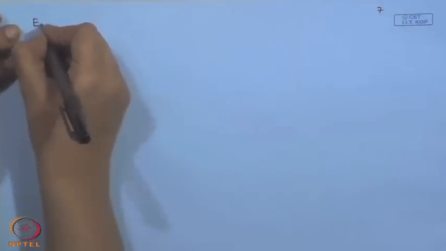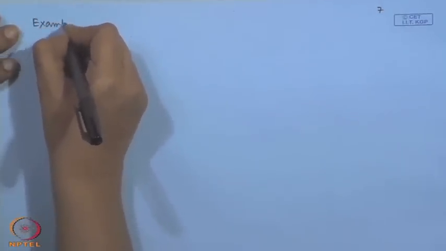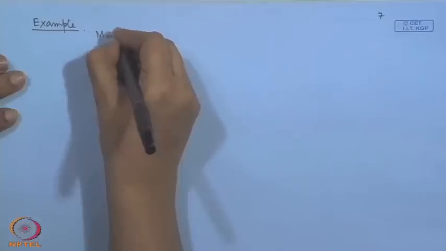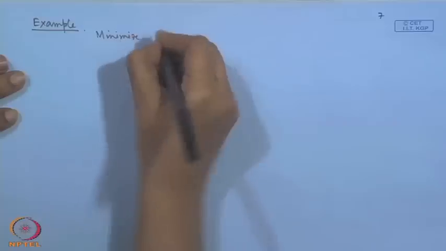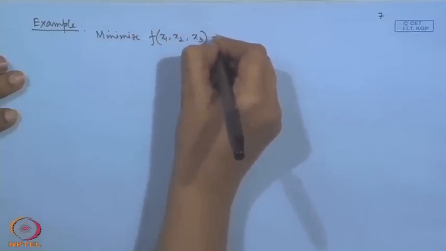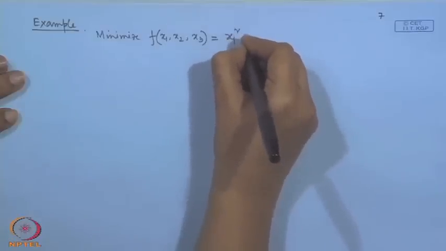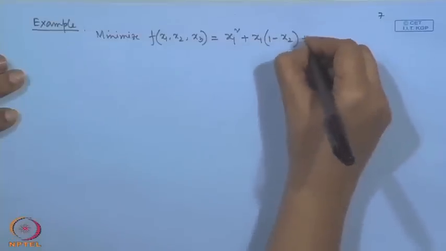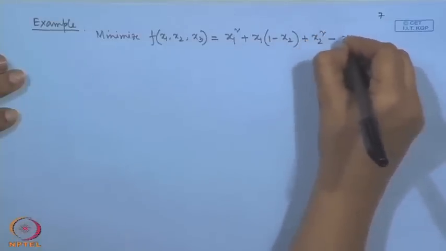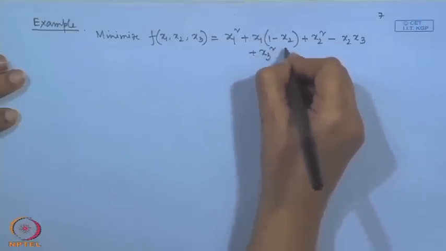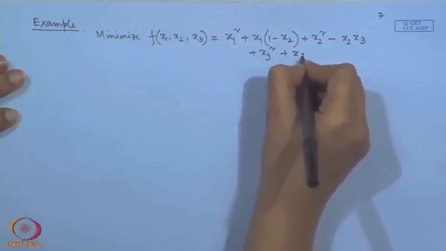The example we are considering: minimize f(x1, x2, x3) equal to x1 square plus x1 into (1 minus x2) plus x2 square minus x2 x3 plus x3 square plus x3.